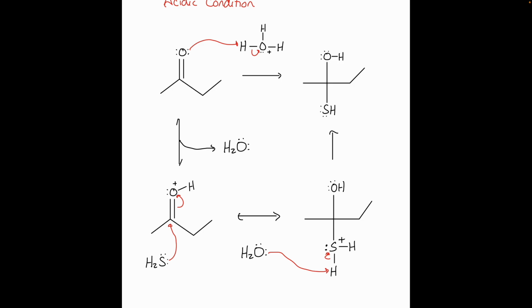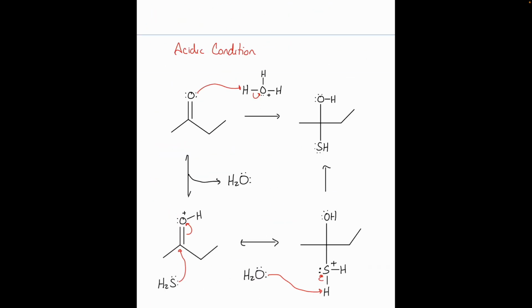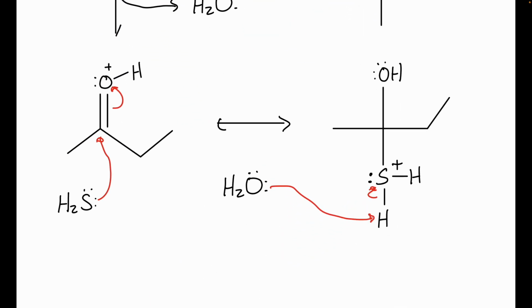One other thing to note about our acidic conditions nucleophiles versus our basic condition nucleophiles is that these are all negatively charged, whereas these are all neutral, meaning that our basic nucleophiles are stronger than our acidic condition nucleophiles. So then why do we get away with using these weak nucleophiles under acidic conditions? Because importantly, when we protonate this oxygen here, it makes that carbonyl carbon an even better electrophile.